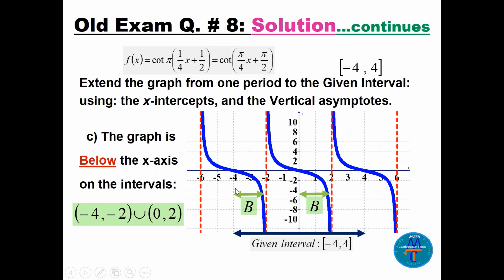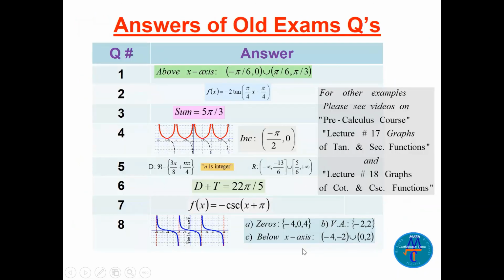See the green part, below the x, from minus 4 to minus 2. That's below the x, you see? And now another green below the x, from 0 to 2. So we can say the graph is below the x from minus 4 to minus 2, union 0 to 2 on that given interval. Now, these are the answers of the 8 questions and their parts.